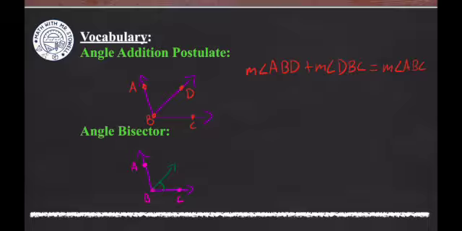Where we notate that, we put a little arch there to notate that those are the same. Let's put a point on this ray, let's put that as D. The measure of angle ABD will be equal to the measure of angle DBC because they are the same measure. Remember, it cuts it in half, which means that they are congruent, they are equal.